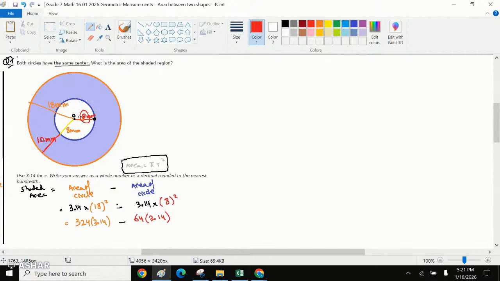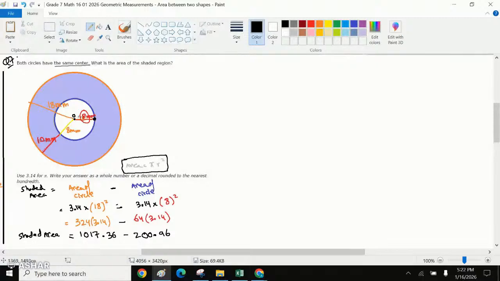I'm just doing a simple simplification. Okay, so can we say this comes out to be 1017.36 minus 64 into 3.14, and this comes out to be 200.96, and this was the value for the shaded area.